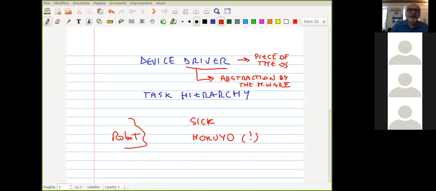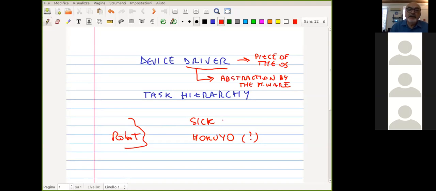This is conceptually similar, a moving laser that gives you back the vector with the distance of all sample points in the environment. They are different machines. They are the same concept.